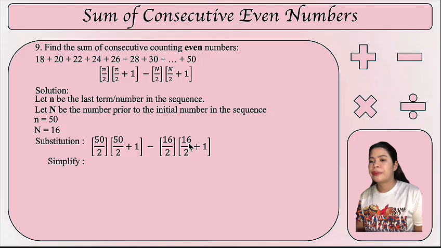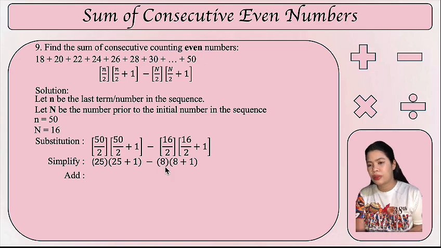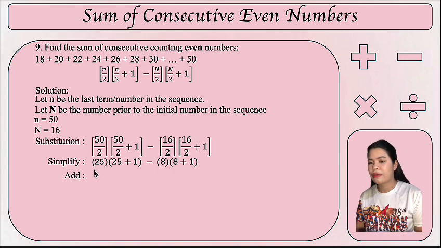So simplify. By simplifying, I just divided 50 by 2, so I get 25. Then 16 divided by 2 is 8. So I came up with 25 multiplied by 25 plus 1 minus 8 multiplied by 8 plus 1.